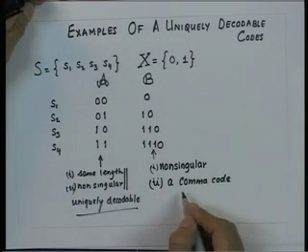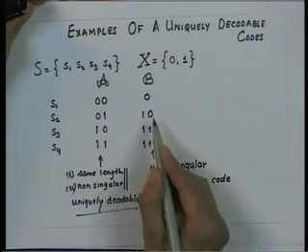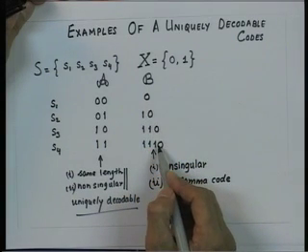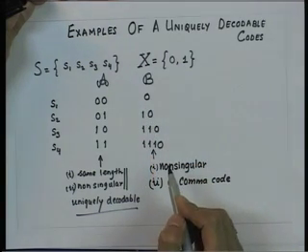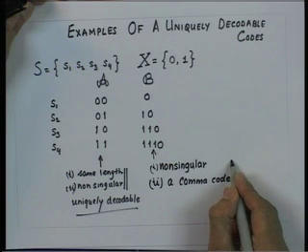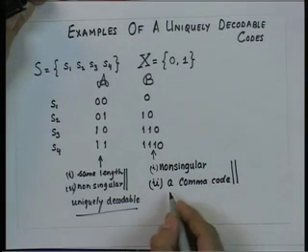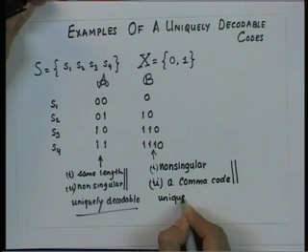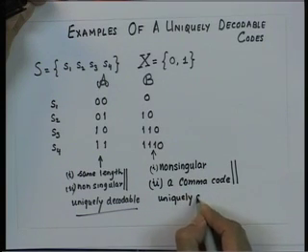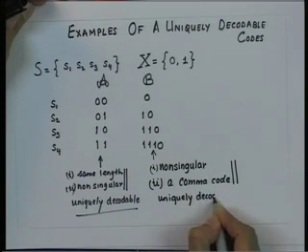What I mean by that is that 0 acts as a comma to separate one code word from the next. So, this again implies that code B is uniquely decodable.